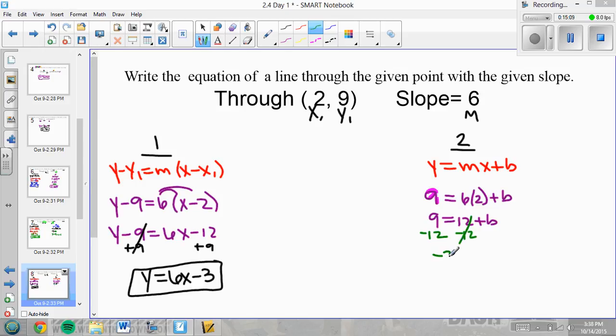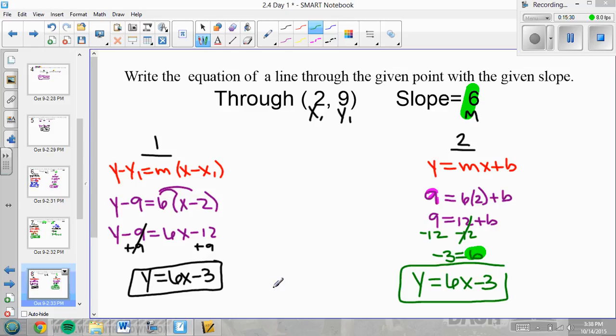So negative 3 equals b. So just like we were doing before, if you chose this method, we're going to plug in b and m back into my slope-intercept form. So y equals 6x minus 3. So either method that you choose, you should still get the same equation.